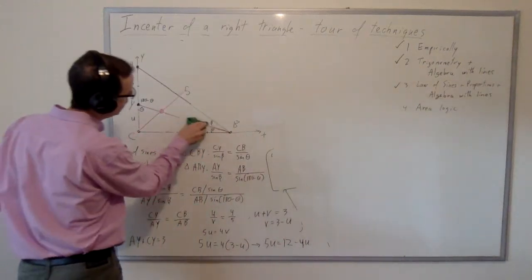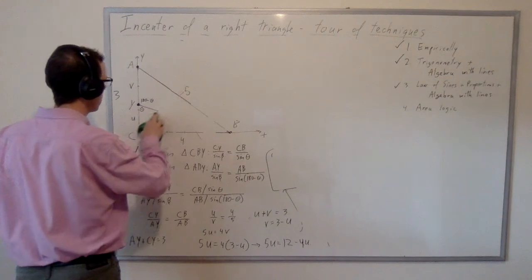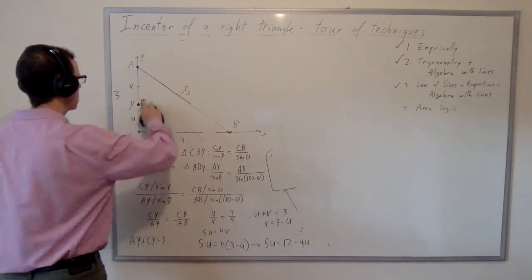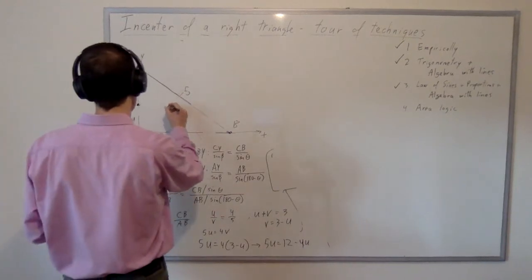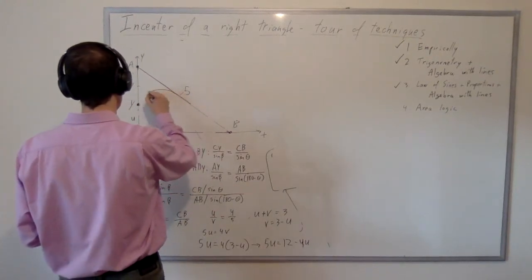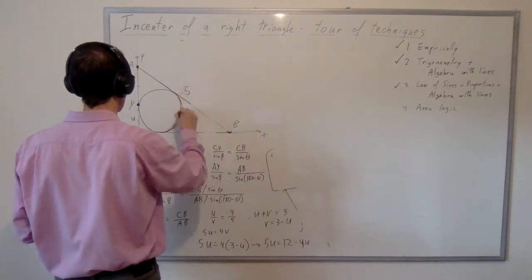So here, instead of thinking about the angles being bisected, which seems to be the most important way of thinking in the previous techniques, we're going to think instead about the presence of that incircle. Wherever it may be, there's this incircle here.